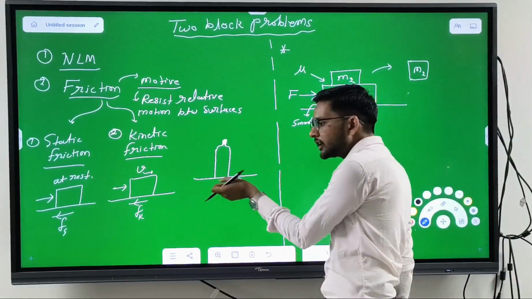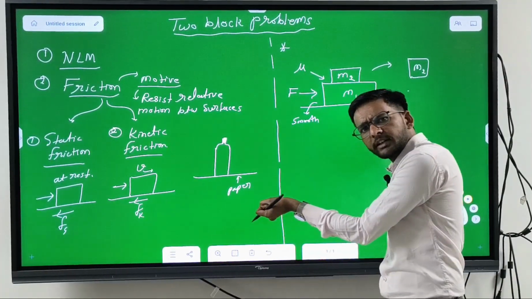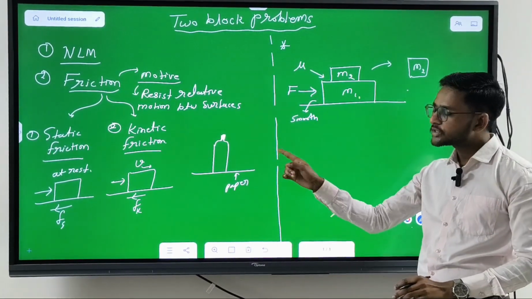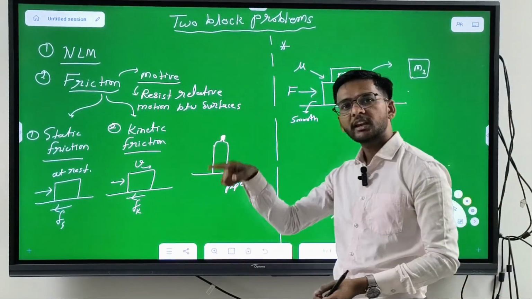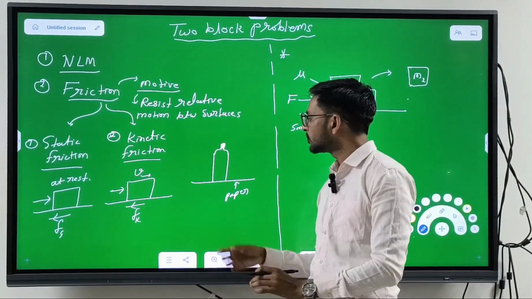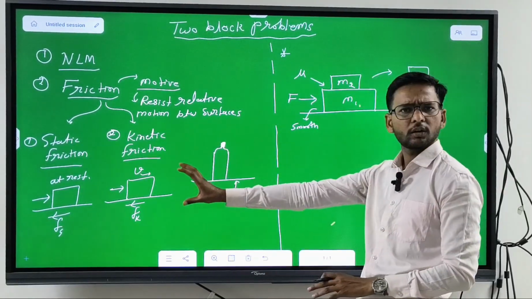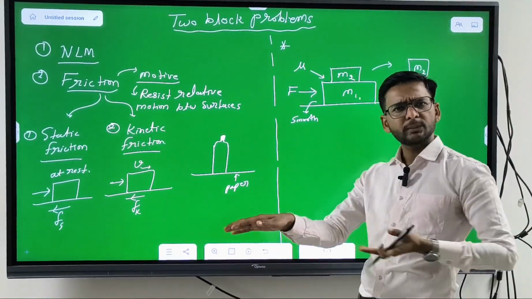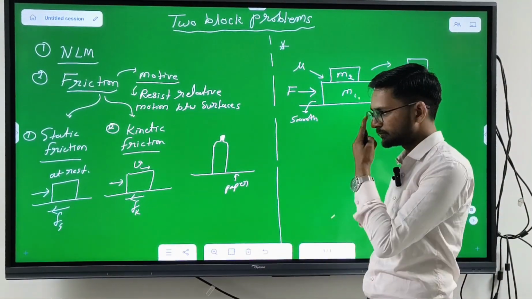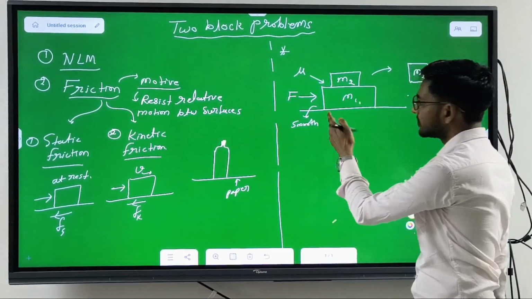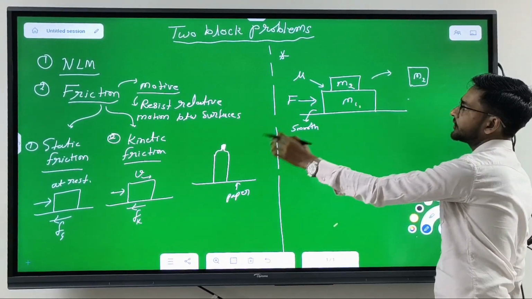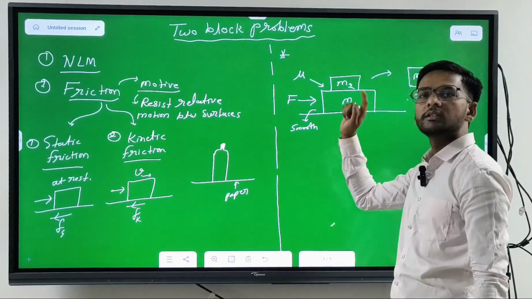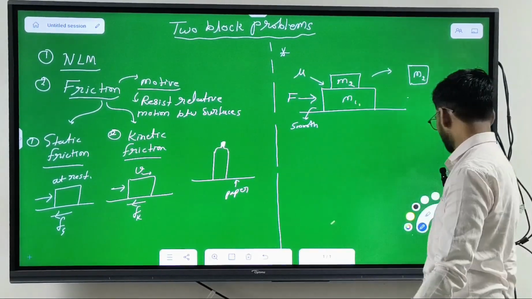But if I pull the paper very slowly, the bottle will also move with the paper. So there are two possibilities: the bottle can move with the paper, or the bottle can stay there while the paper moves, meaning they move separately. It is the same in two block systems: they can move together and they can move separately also.